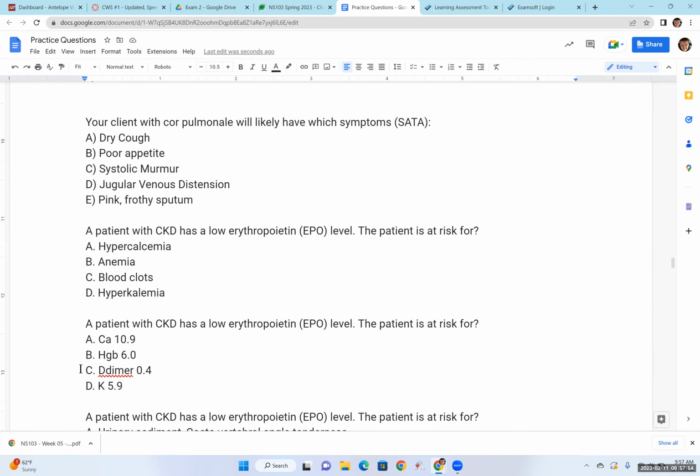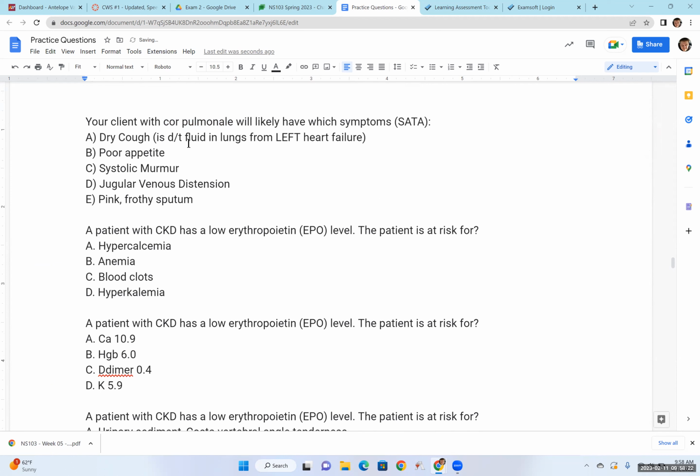All right, client with cor pulmonale has what symptoms? What is cor pulmonale? That's right heart failure, right? What does right heart failure have? So dry cough is due to fluid in lungs from left heart failure.